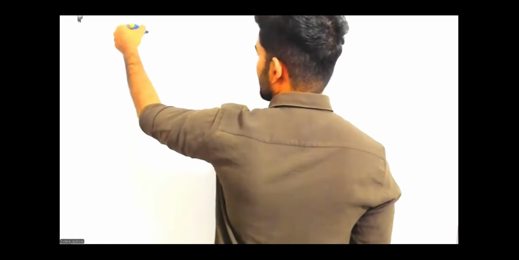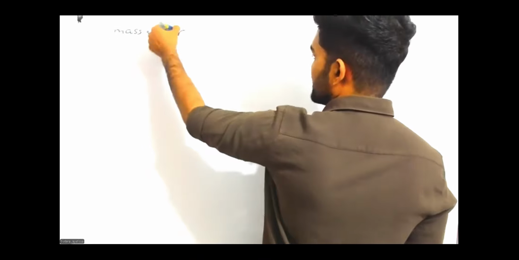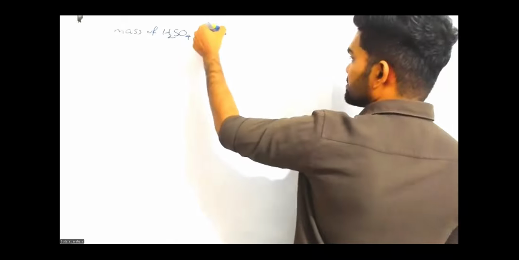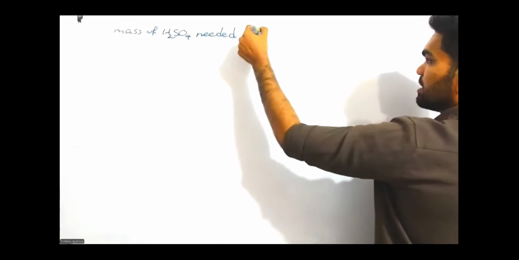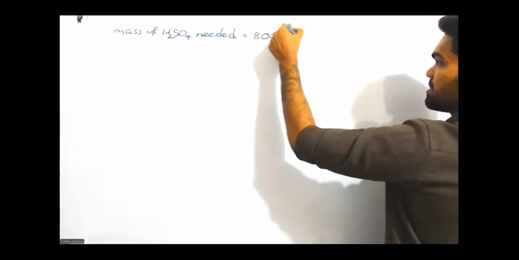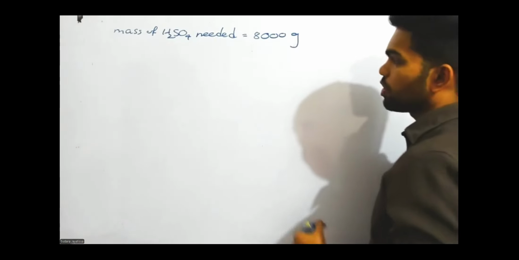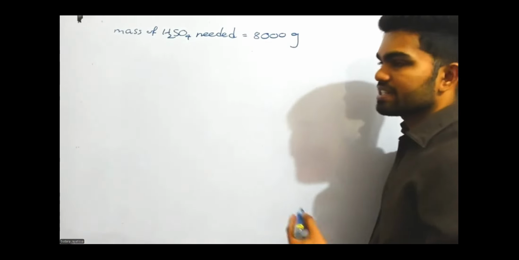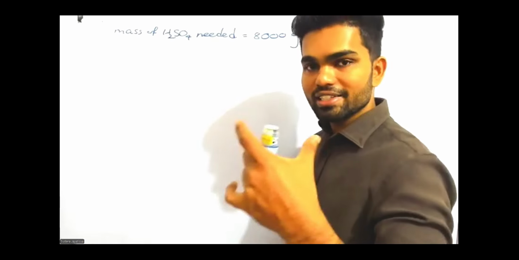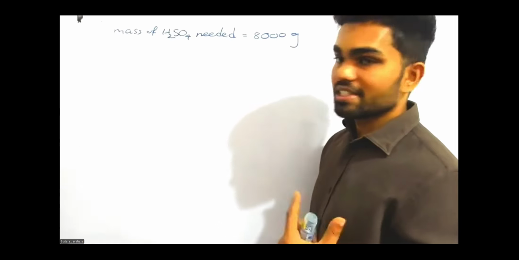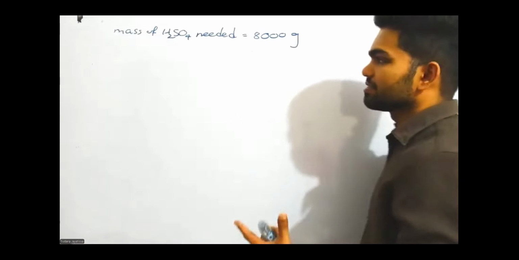So mass of H2SO4 needed is 8 kilograms, or you can say 8,000 grams. Okay, so to obtain this amount, they're asking how much iron pyrite, the initial sample, is needed if the percentage conversion is 100%. Now let's say how to do this.